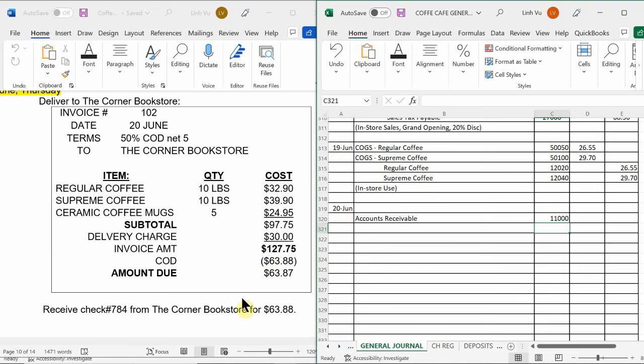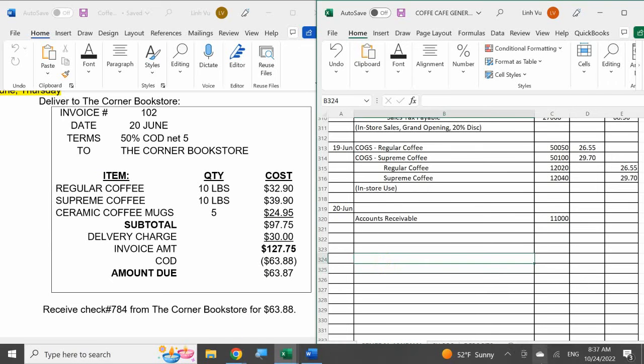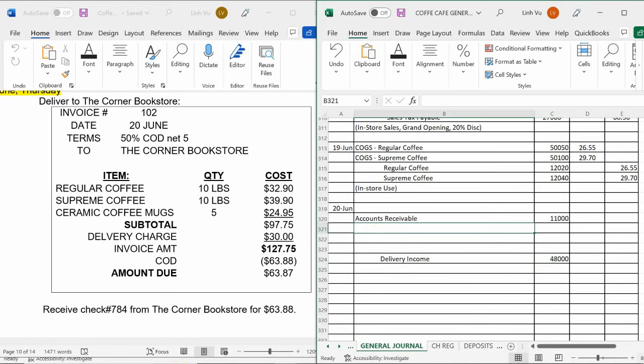Delivery charges. What else did we do? We sold regular coffee, and Supreme, and the coffee mugs.